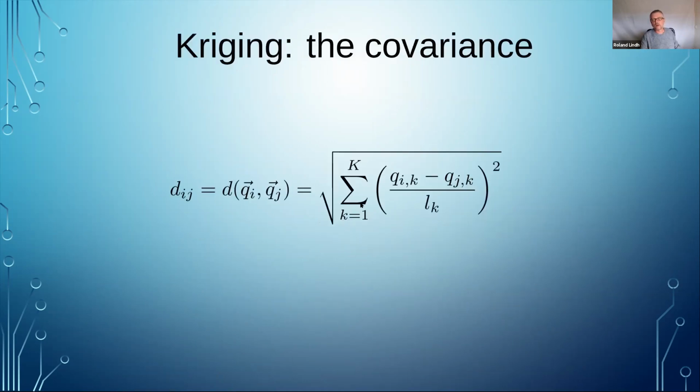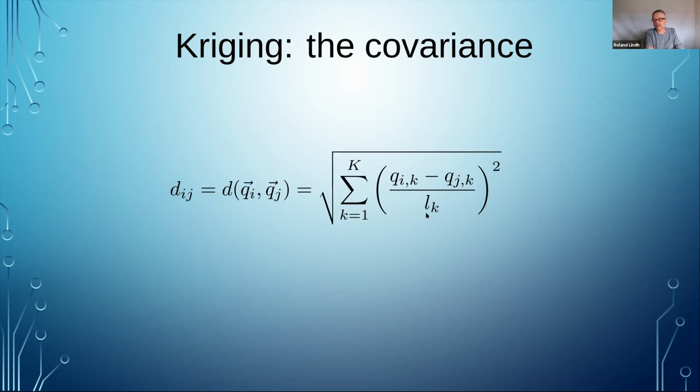In our case, we compute those as follows, where we have the internal coordinates. So we have an internal coordinate, a data point at i and another data point j. We compute the distance between these two data points as this square root of this sum of squares, where k here indicates an individual element of the coordinate q, and q could be Cartesian coordinates, internal coordinates, etc. Also, you divide it by a characteristic length.